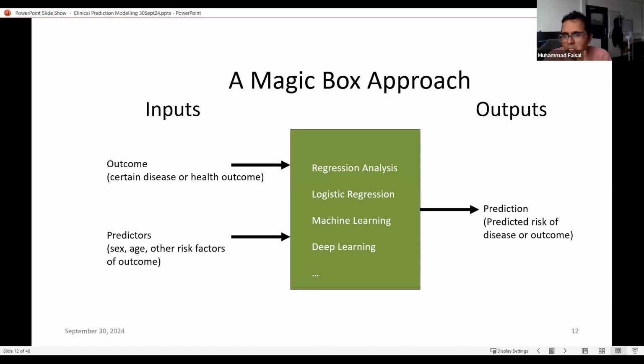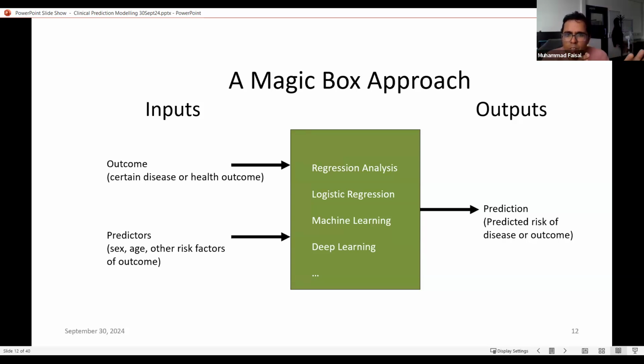You put them into a magic box, the green box, where all those fancy names go: machine learning, logistic regression, deep learning. What they ultimately give you is the prediction of the risk of the disease or your outcome. That is roughly the structure of these models.